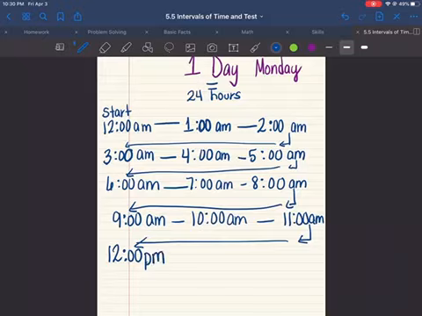and then we have 12 o'clock, but it turns into afternoon.